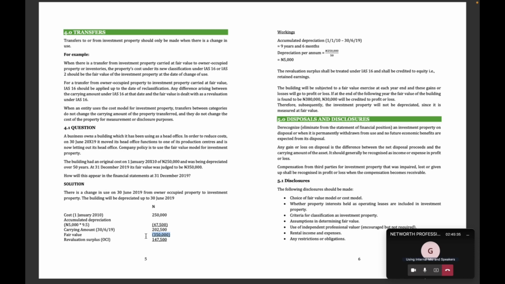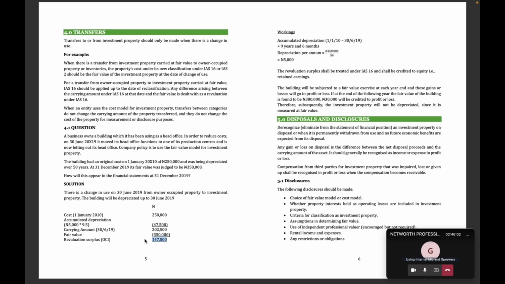The problem is that now that we have gotten a fair value of 350,000, that means there is a surplus. We have to recognize a revaluation surplus in the sum of 147,500. Then the question becomes: that revaluation surplus should go to OCI in line with PPE.